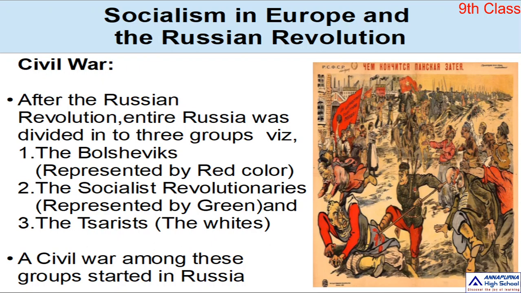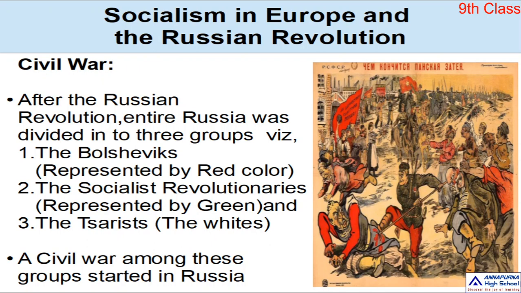That means some people stood on the side of the Bolsheviks, some supported Socialist Revolutionaries, and some people in Russia supported the Tsar.